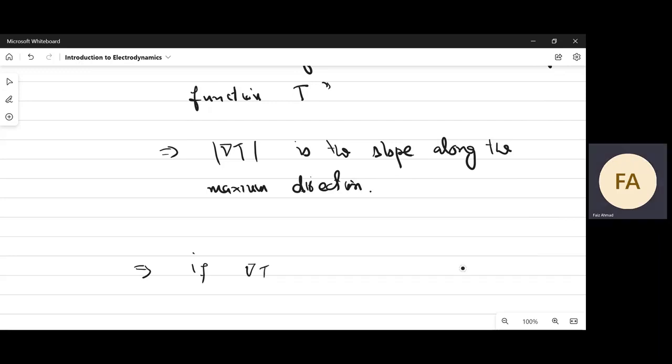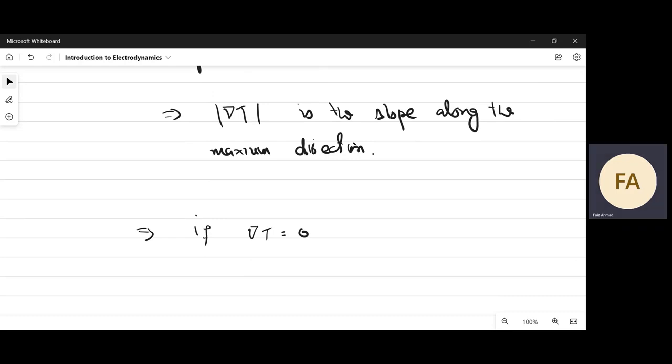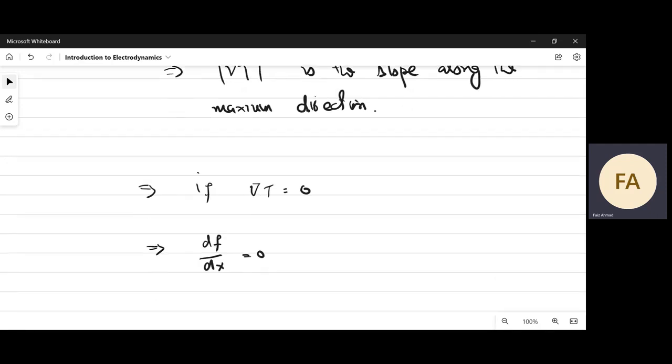So if we have delta T equal to 0, that means we are at the minimum or the maximum or the path of the function T. So like the ordinary derivative, if we have df by dx equal to 0, it signals the maximum or minimum of that function.